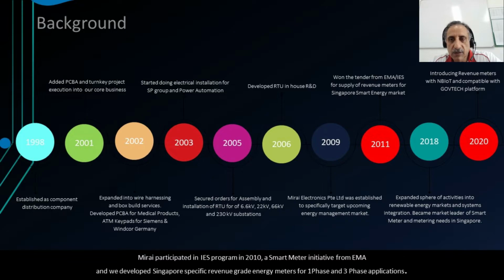In 2010, we participated in the IES Smart Meter Initiative by EMA, and we eventually qualified to supply power meters to SP Group, which we are continuing till date. In 2019, we started investing in the solar PV market, and in 3 years since, we have grown to be the number 1 solar PV monitoring vendor in Singapore.